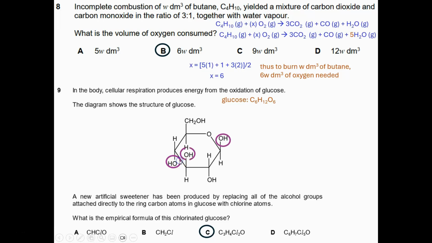So there are 4 hydroxyl groups that are removed. So it becomes C6H4O2. Then I will put in 4 chlorine atoms. And this is the formula now, C6H8Cl4O2, which gives me the empirical formula of C3H4OCl2, or C3H4Cl2O.